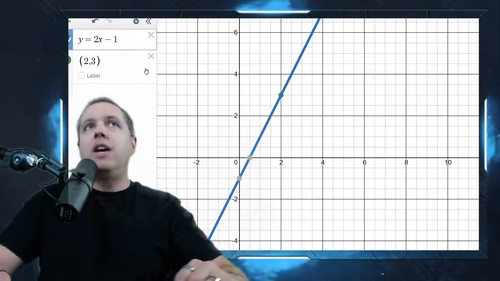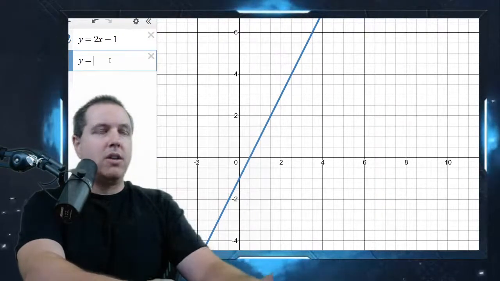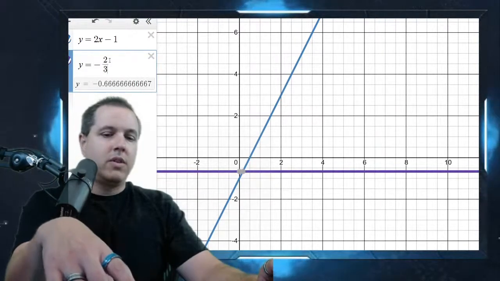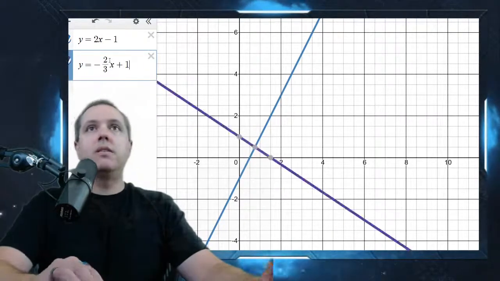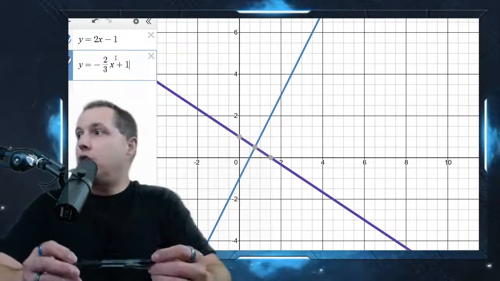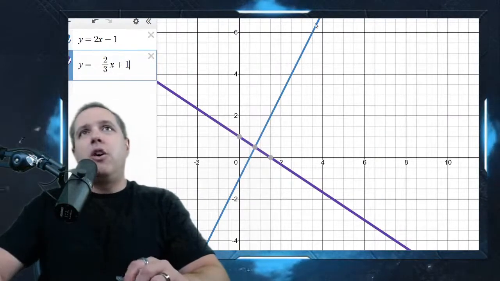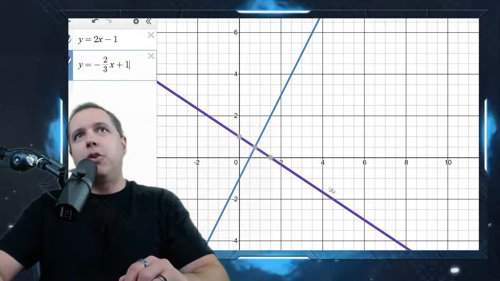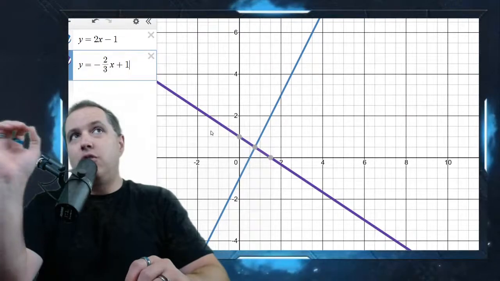Then we went to systems of equations, and we said, what about y equals negative 2/3 x plus 1, something like that. Now we had two lines. If all the points on the blue line are solutions to one equation, and all the points on the purple line are solutions to the other, then the solution that satisfies both equations at the same time is the solution to the system.